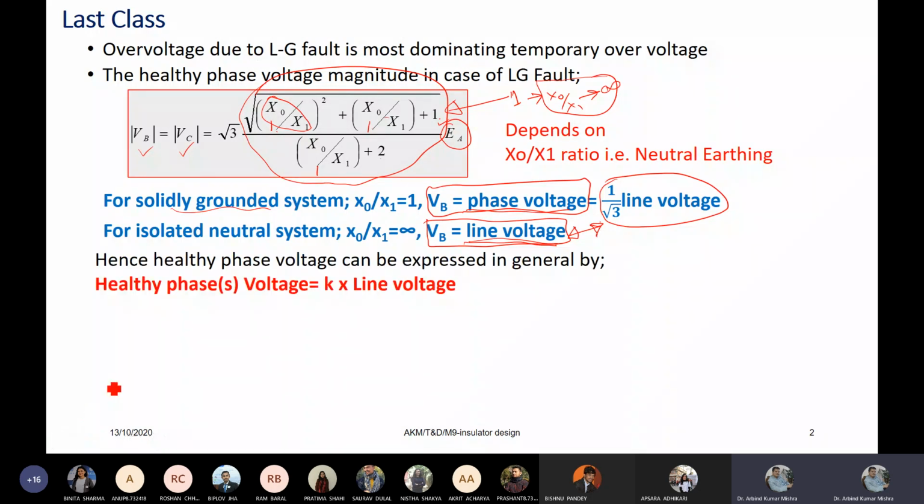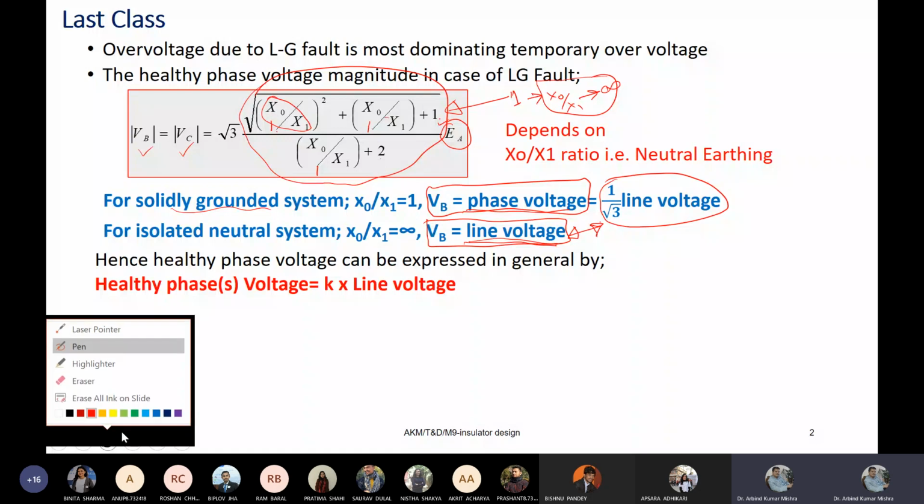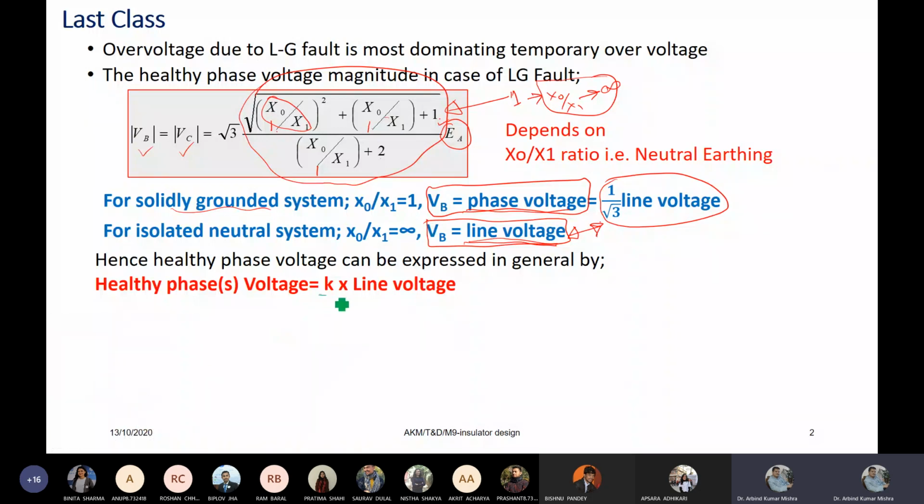So in general, we can say that the healthy phase voltage in case of single line to ground fault can be expressed as K times the line voltage, where this K, as I mentioned last time also, must lie between two extreme conditions: the isolated neutral, one extreme condition, and the solidly grounded system, the other.